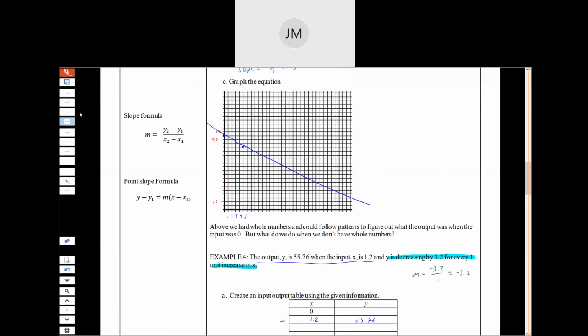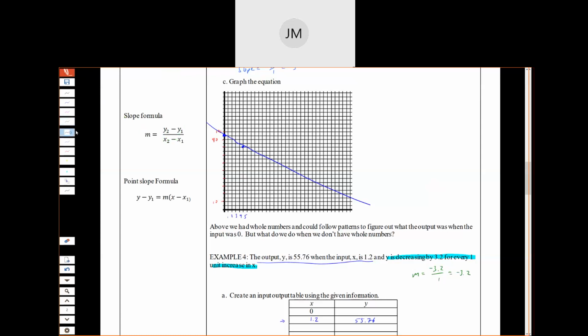Now, real quickly, I want to show you something. We talked about this before. Our slope formula is just the change in y's over the change in x's. So if I have 2 points, I could subtract them to get a change in y and a change in x.